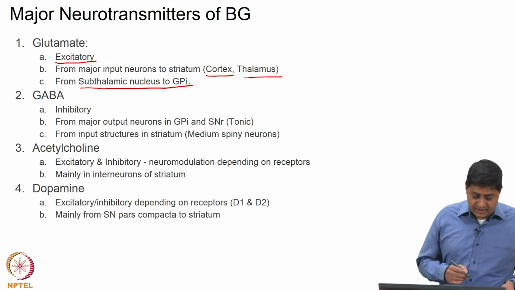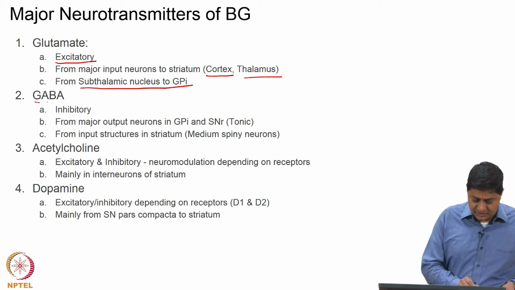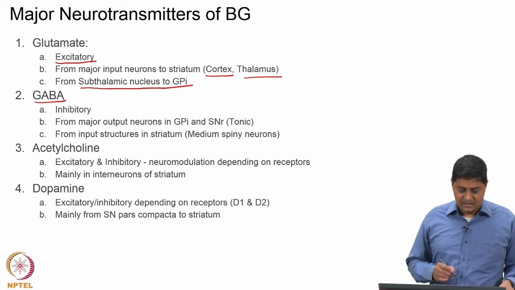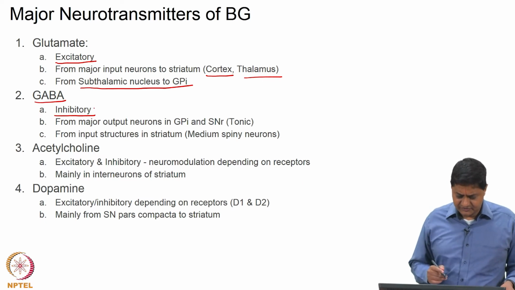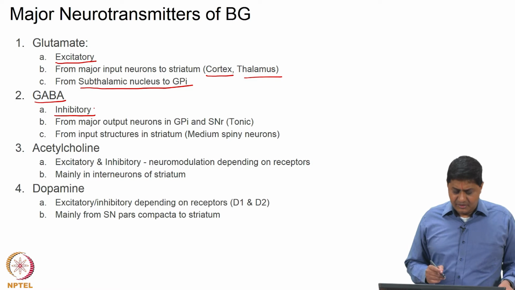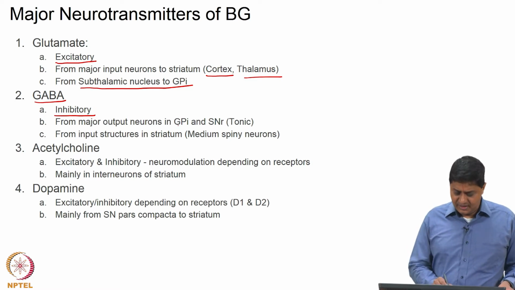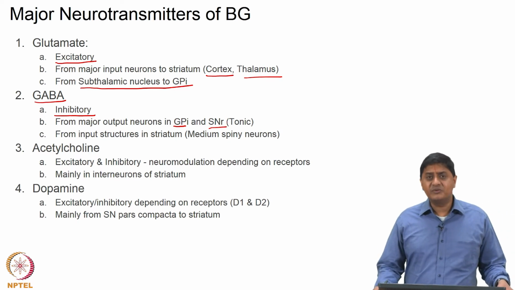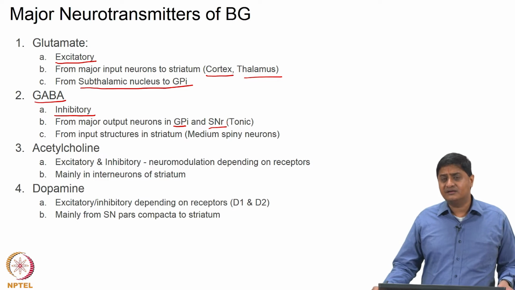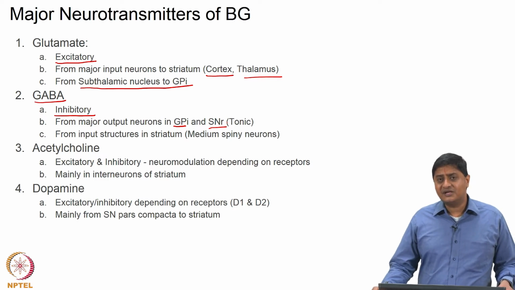And another major neurotransmitter is of course GABA. This is an inhibitory neurotransmitter of course, and importantly GABA is used by GPi and SNr neurons, by the globus pallidus internal and the substantia nigra pars reticulata, which are the major output structures of the basal ganglia.